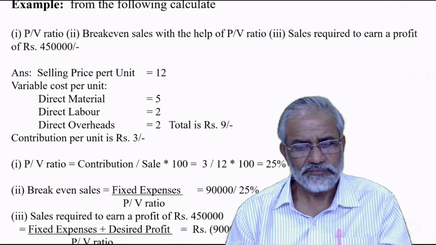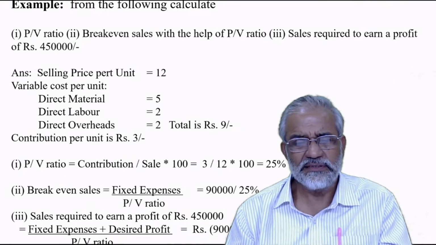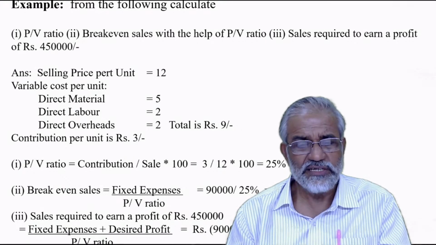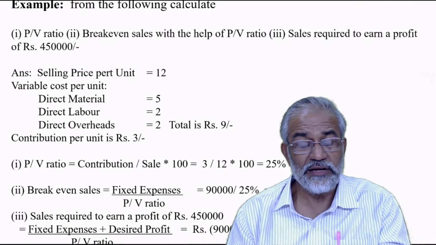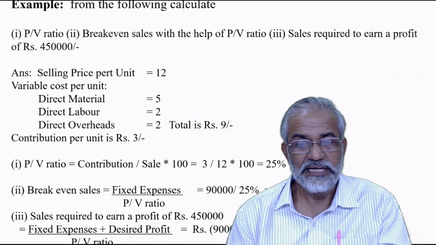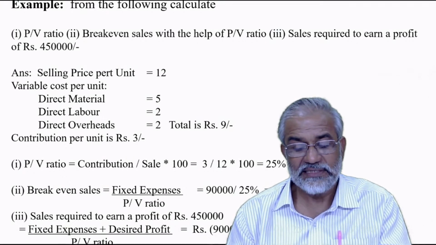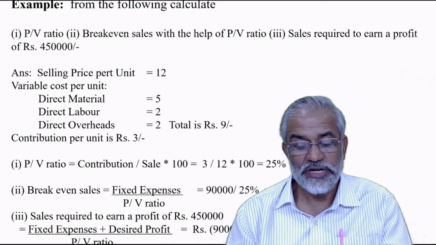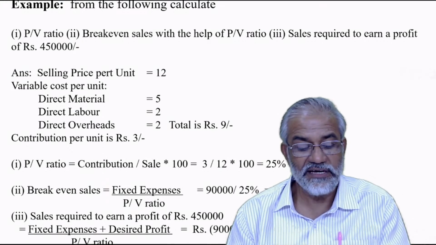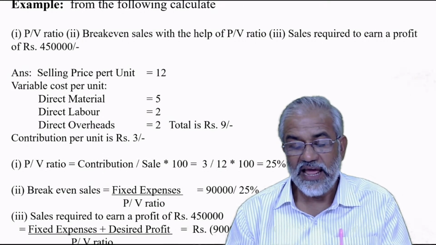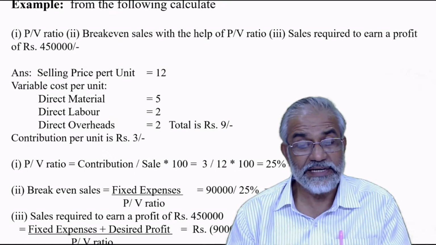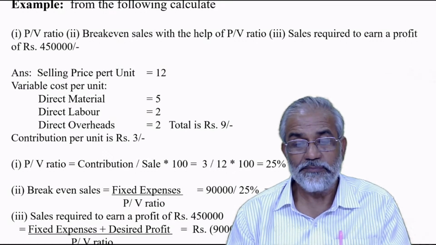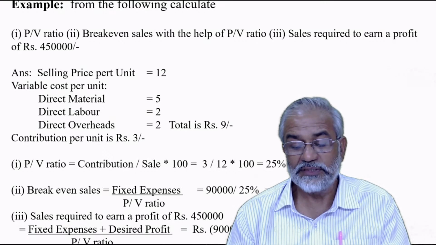Both come to 5,40,000. When 5,40,000 is divided by PV ratio, already calculated to be 25%, it comes to 21,60,000. So 21,60,000 is the desired amount of sales to be effected for earning a profit of 4,50,000 in our hand.